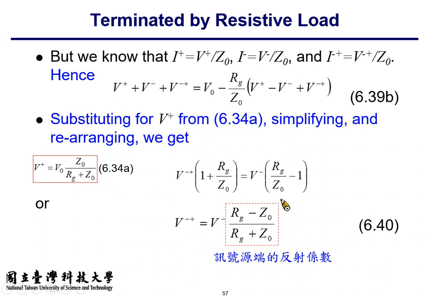The part in the red dashed box is the reflection coefficient on the left-hand side near the generator. Again, the reflection coefficient is the impedance that you are looking into minus the impedance of where you are, Z sub 0, divided by Rg plus Z sub 0.